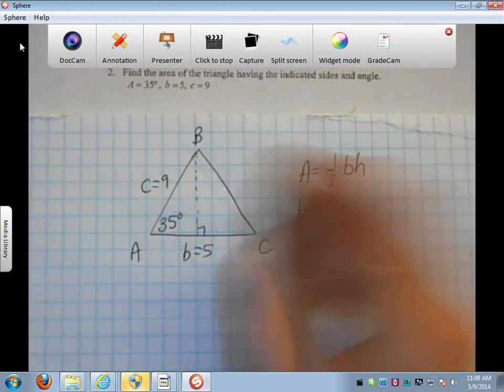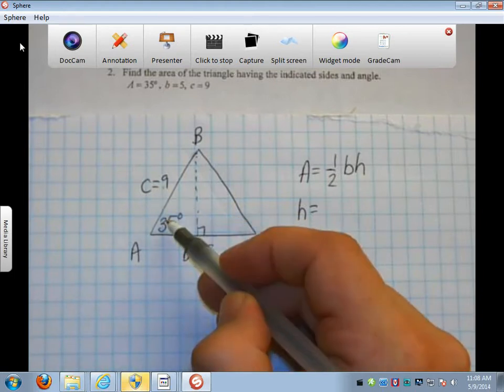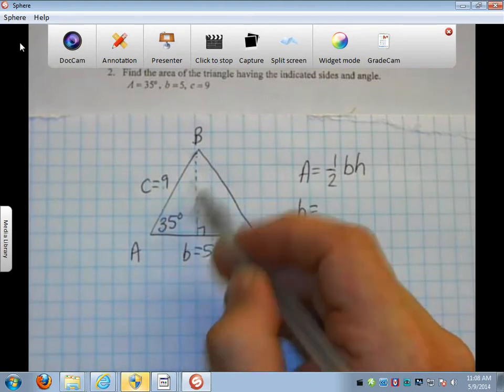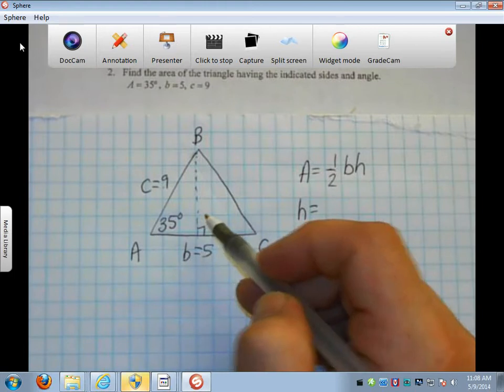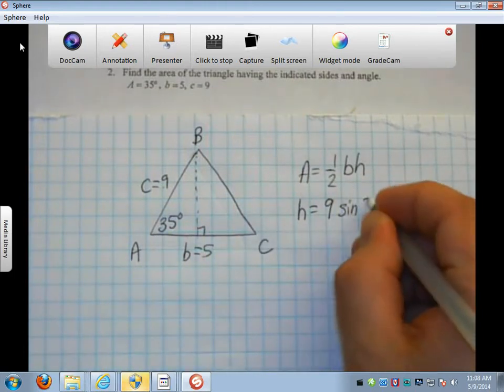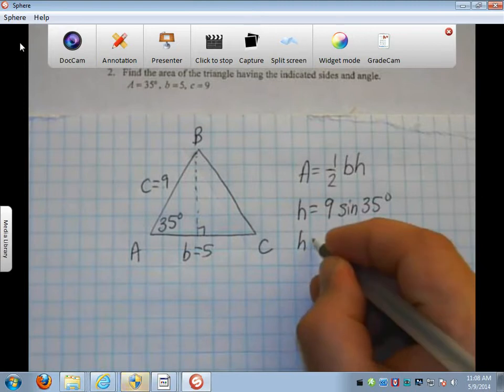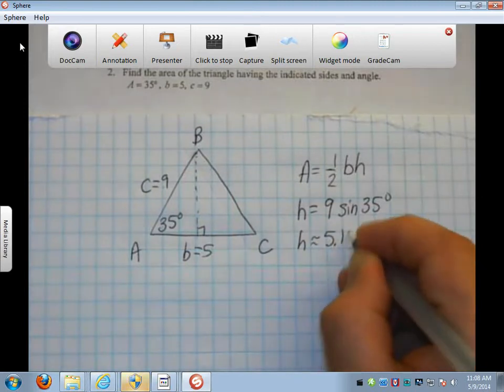Well, looking at this triangle on the left, I have a hypotenuse of 9, and 35 degrees is opposite of the height. So the height is equal to 9 times the sine of 35 degrees, and I get about 5.162.